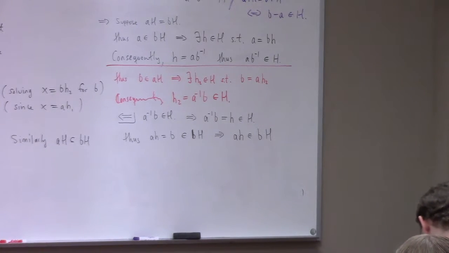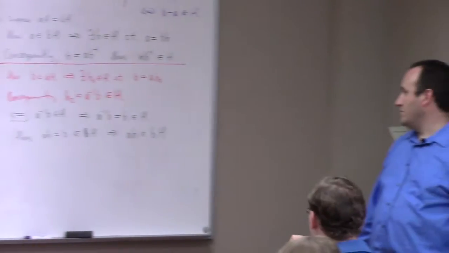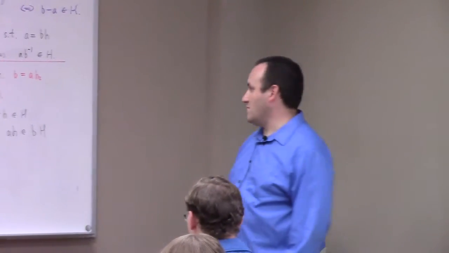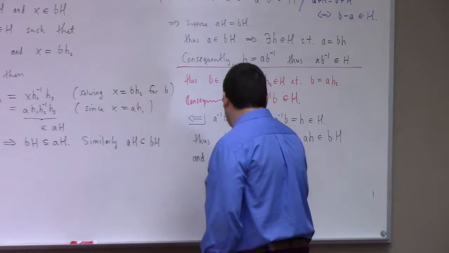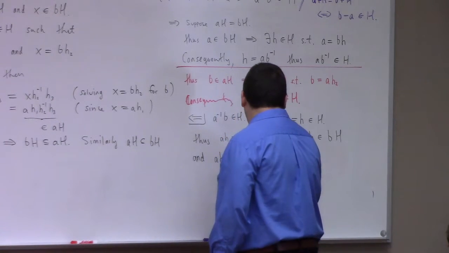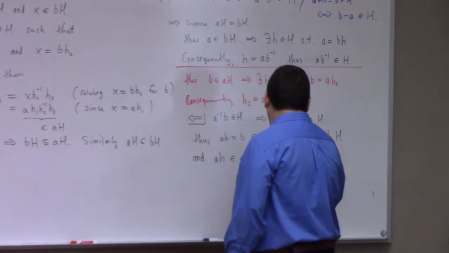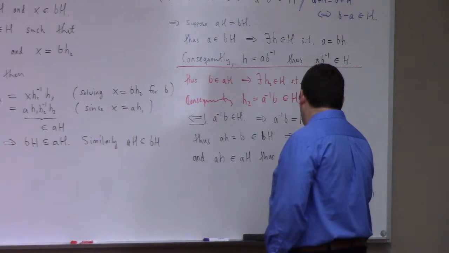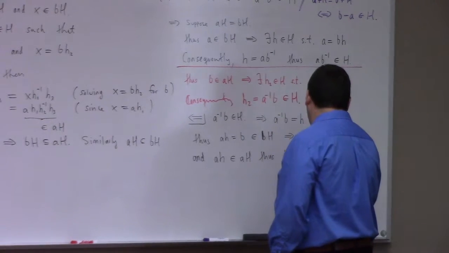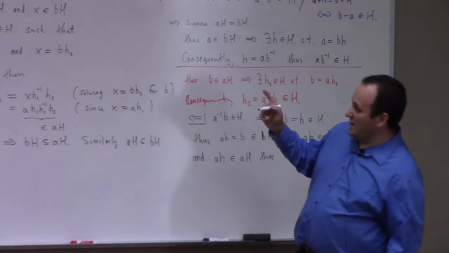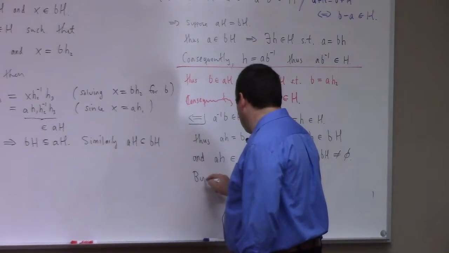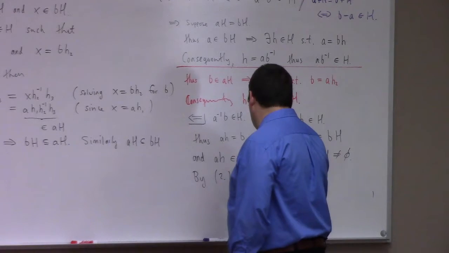But AH is also an element of what? Thus, B is an element of AH intersect BH, right? Which is non-empty. So by 2, we have that AH is equal to BH.